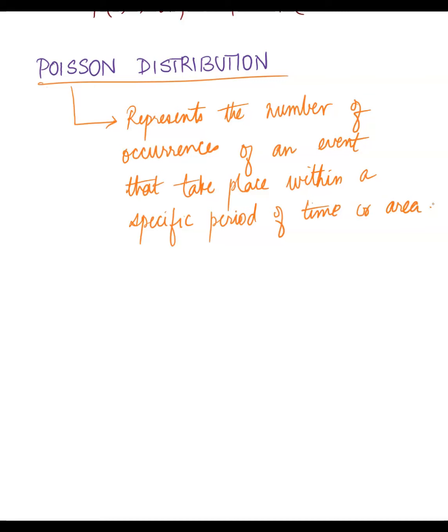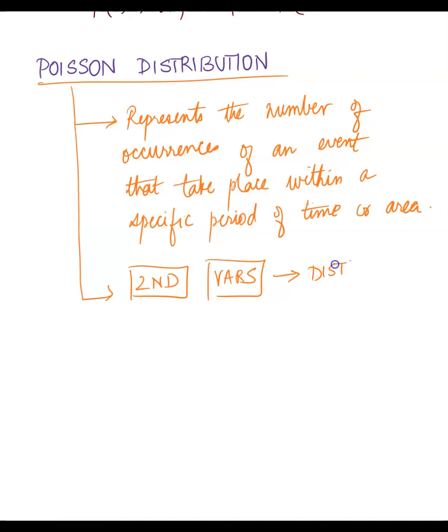And here too we can use the calculator, of course, to help us find the probability density function of a Poisson distribution using the Poisson function key. So here again I'd like you to quickly recognize where that will be. So we go to second vars, which gives you the distribution, and then go to the distr tab and go right down.